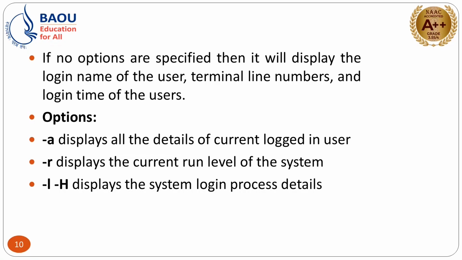Then the L and H options. H is only for the heading. If you want to display all the information and bifurcate it according to which head it belongs to, you get that header information with the help of the capital H option. The L option will display the login process detail.